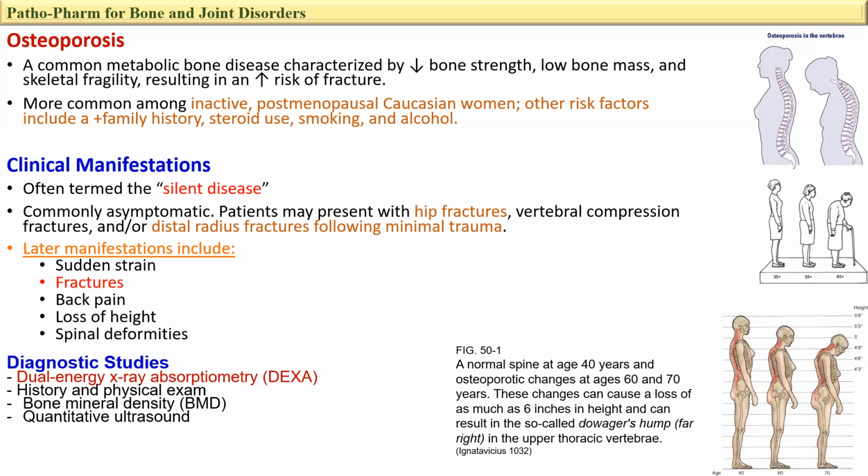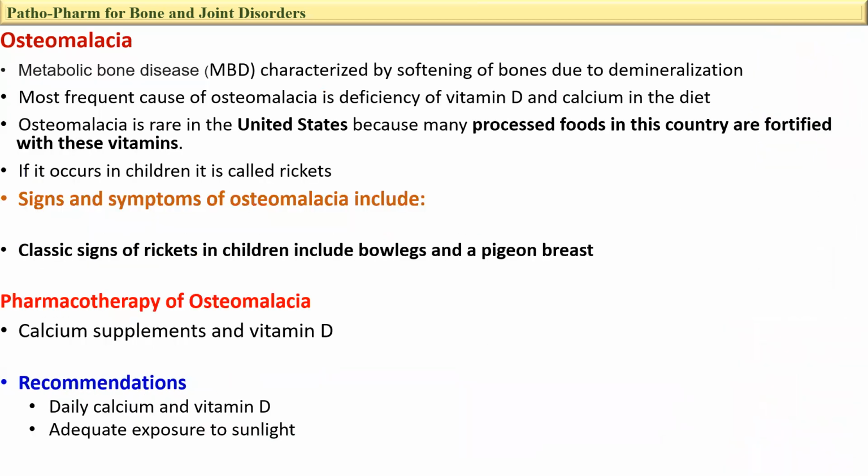So the DEXA T-score is going to be less than minus 2.5, plus the patient has developed a fracture. So combining the T-score with the fracture, we can diagnose the patient with severe osteoporosis. This is an example of how to diagnose patients with osteoporosis using the DEXA results, which is called the T-score. Again, we'll go over this in adult health 3.